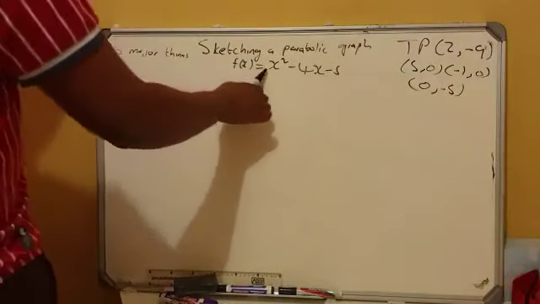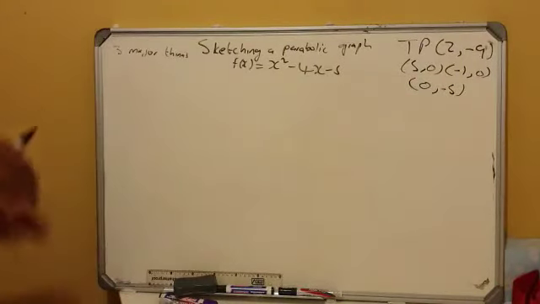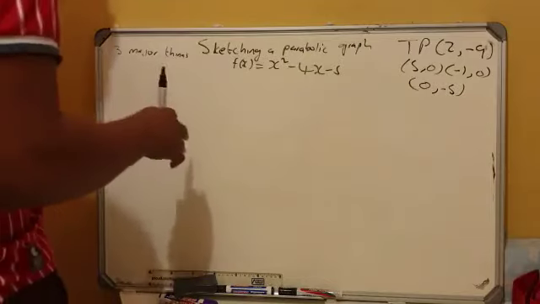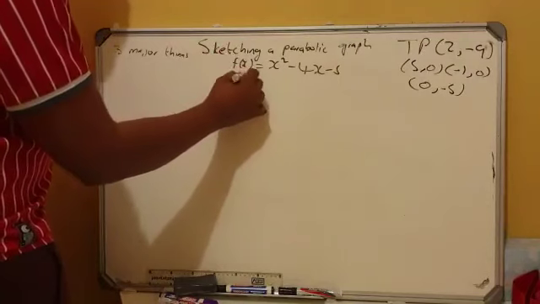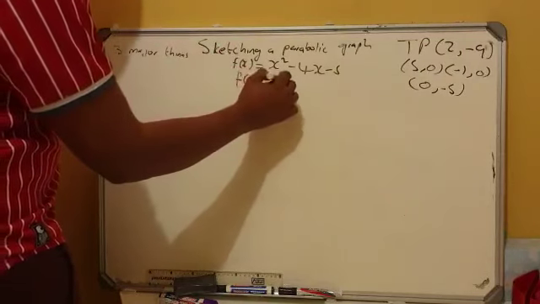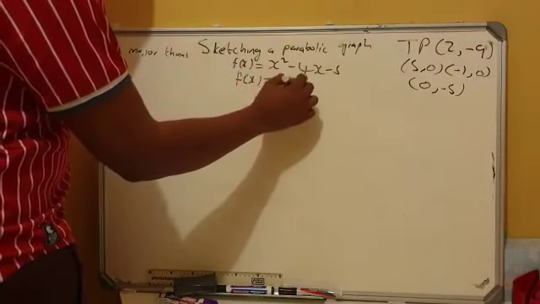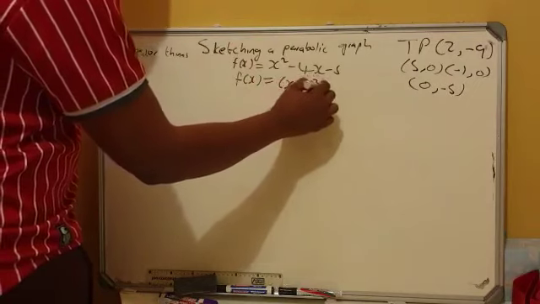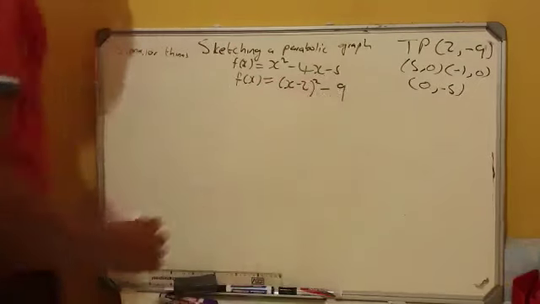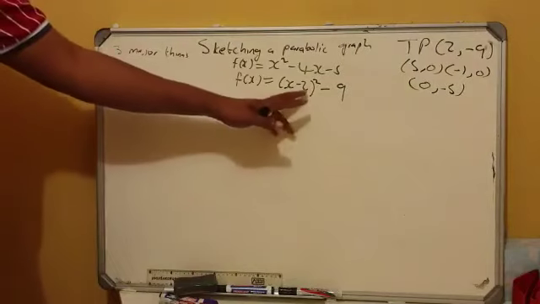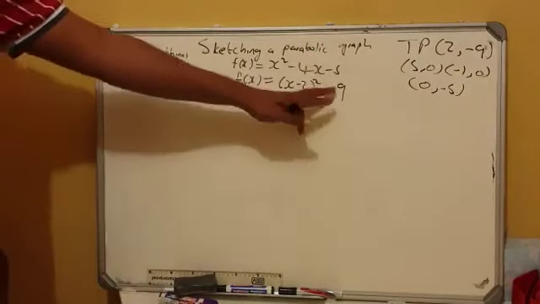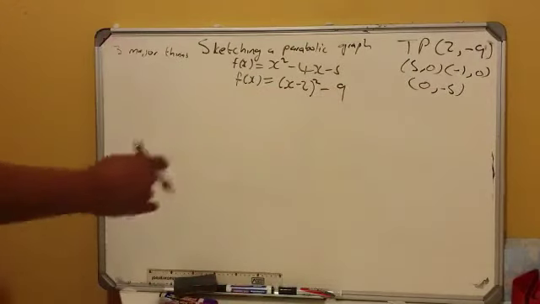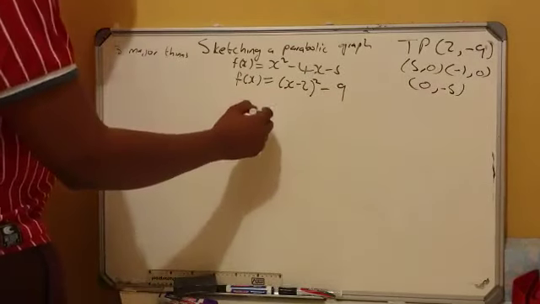I know that my a is positive, so the graph will smile. Remember, we changed it into x minus 2 squared minus 9. So if my p is positive, it will move to the right, and it will be downward because my q is minus 9.